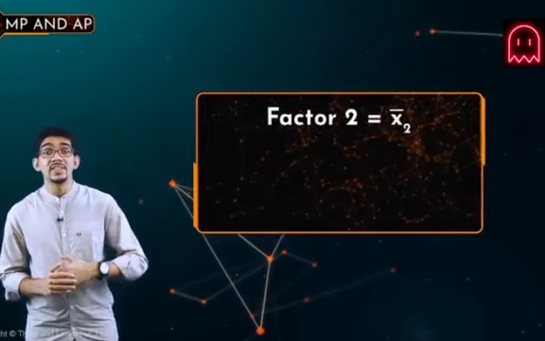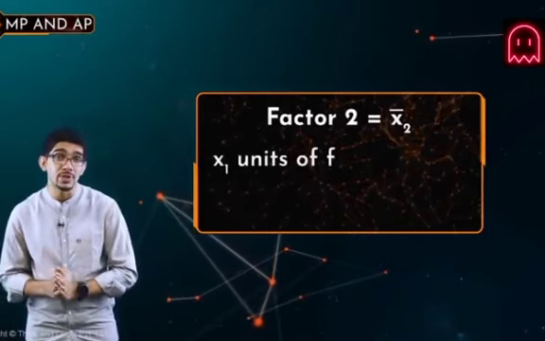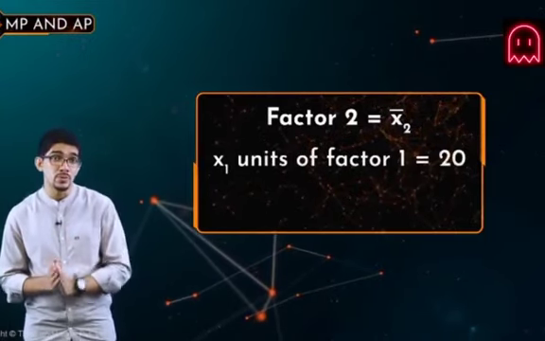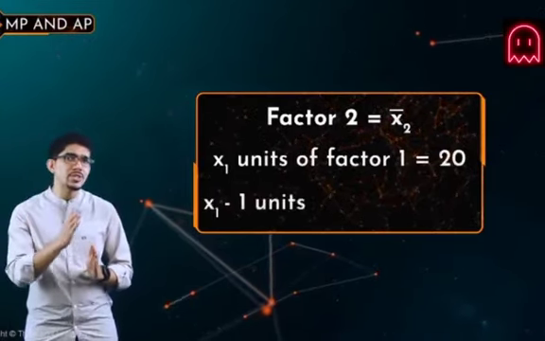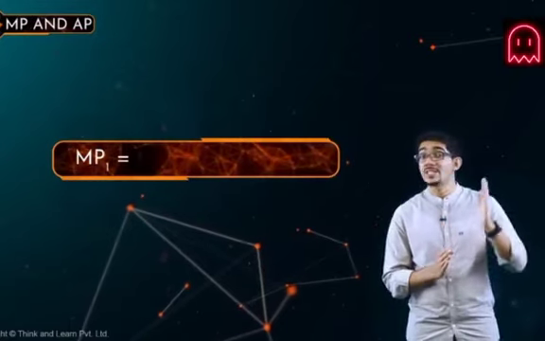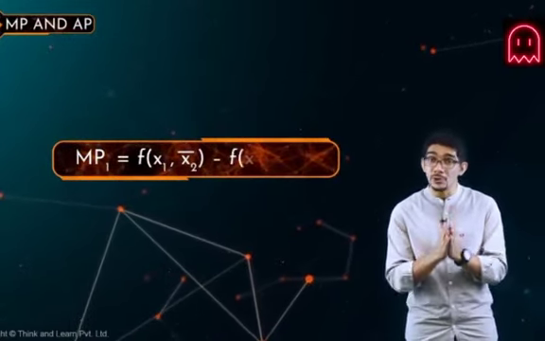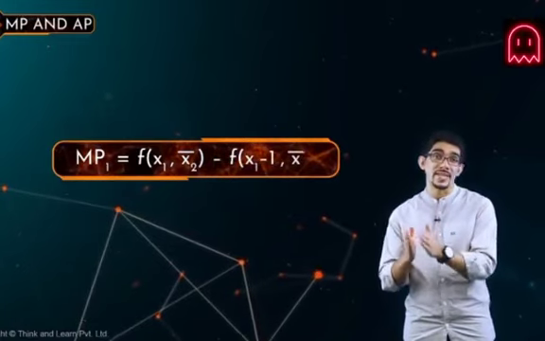Suppose factor 2 is fixed at x2 bar. With x2 bar amounts of factor 2, let's say x1 units of factor 1 produces 20 units of output and x1 minus 1 units of factor 1 produces 15 units of output. We say that the marginal product of the x1th unit of factor 1 is the difference between the output with x1 units and the one with x1 minus 1 units.